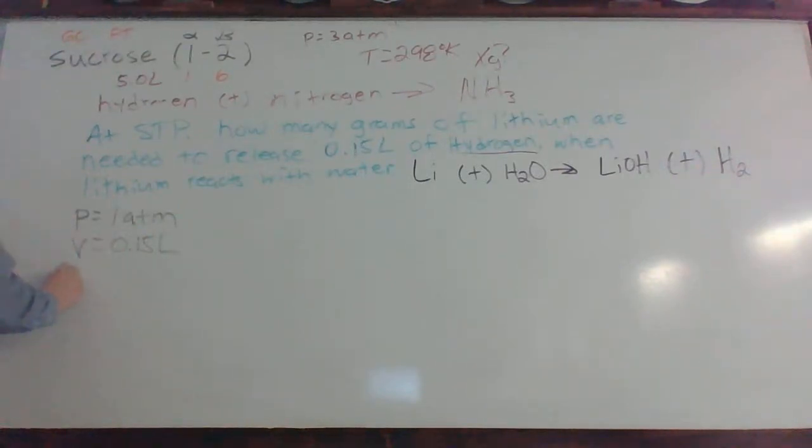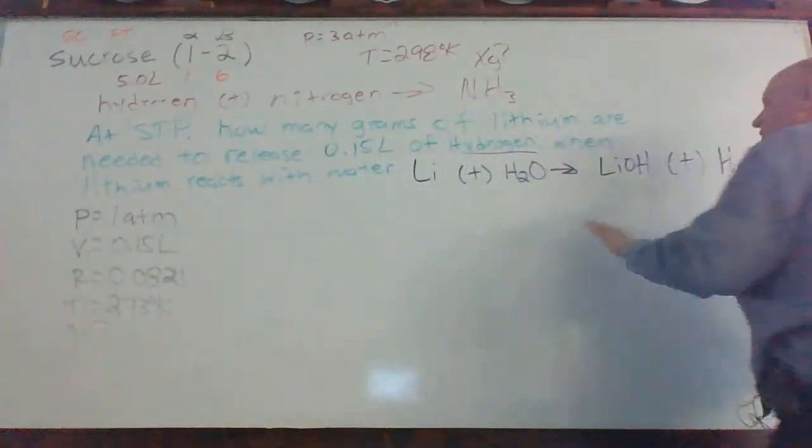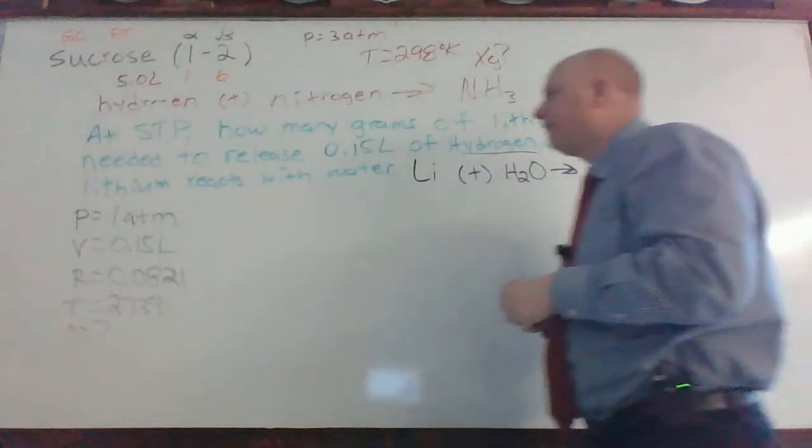And then we have R. And we've got T. Okay. But we just don't have N. We just don't have the number of moles. So what we've got here is this reaction, but we still need to do what with it?